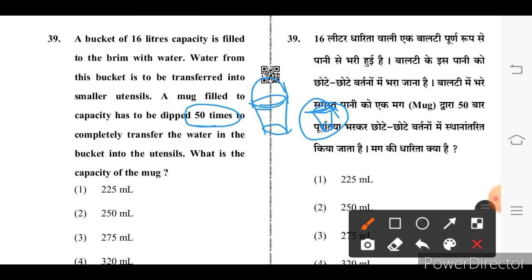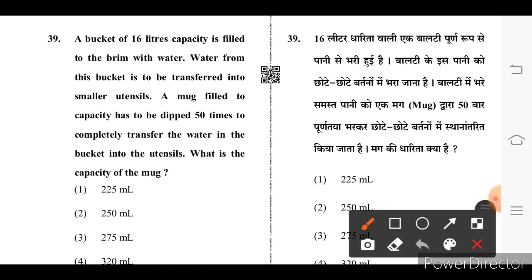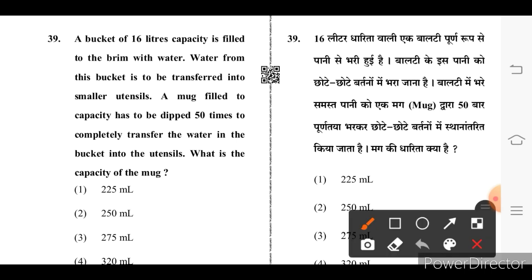We equate both volumes, both capacities. So what is the volume of the bucket? What is the capacity here? 16 liters. Here we observe options are given in milliliters. So 16 liters equals how many milliliters? 1 liter is equal to 1000 milliliters.